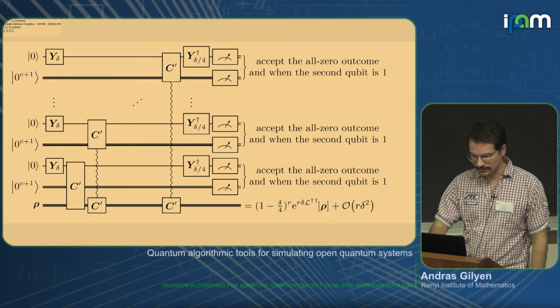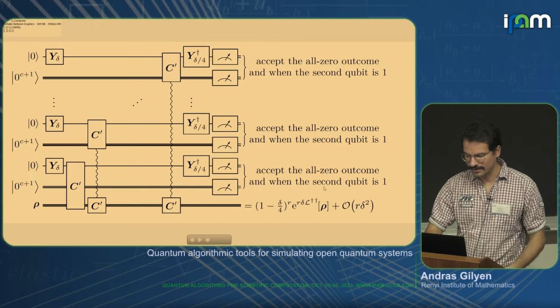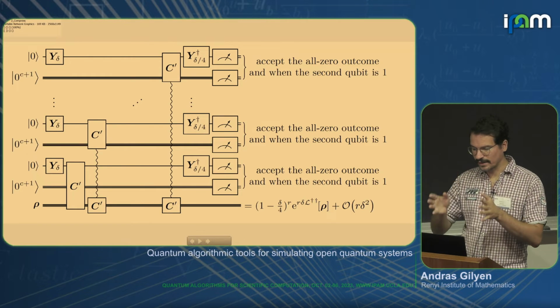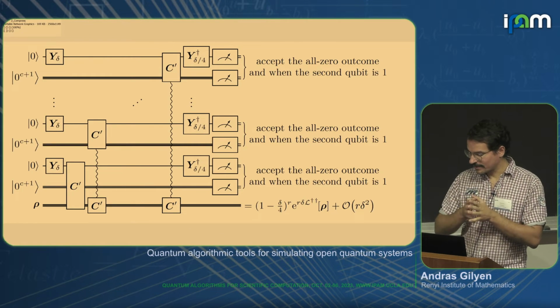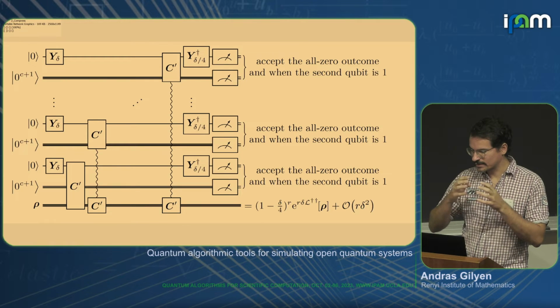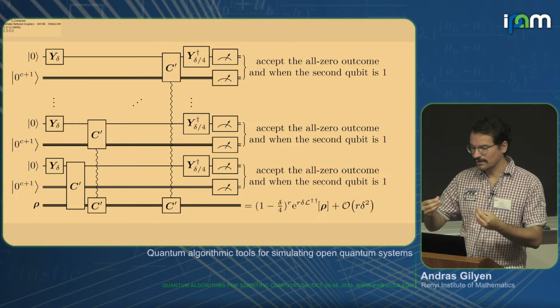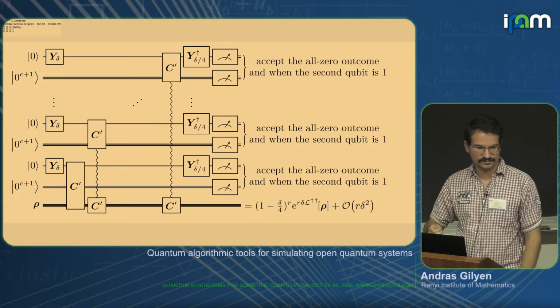Therefore, this compression implements time evolution for time 1 with logarithmic dependence on resources for slices, and therefore ultimately logarithmic dependence on the precision.